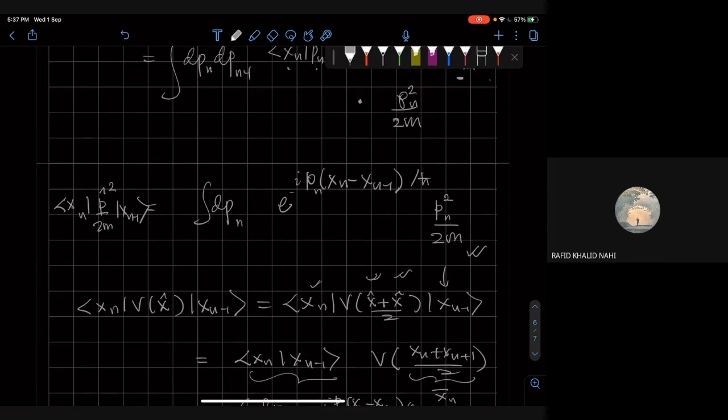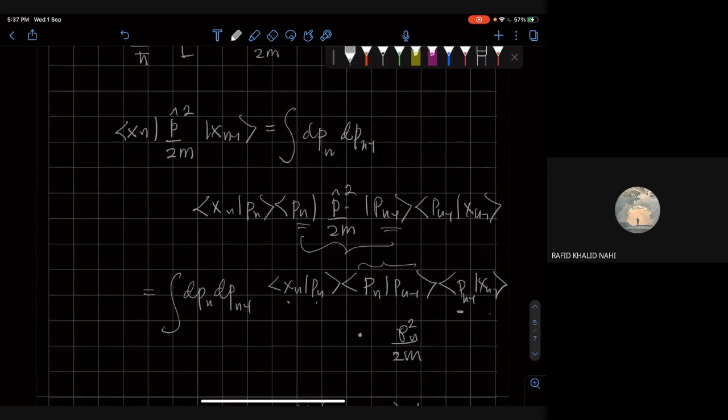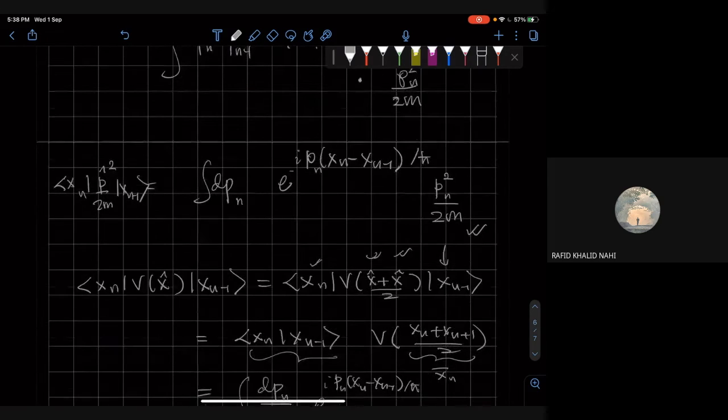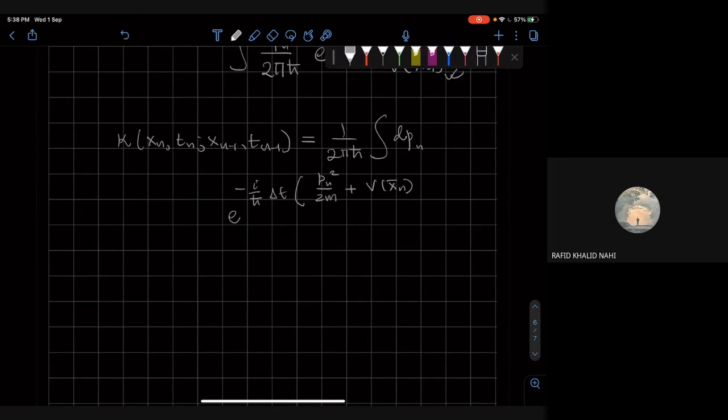And then we also have, from the first term, from this guy, since we are factoring out i h bar delta t, and that guy didn't have a delta t, we have to divide by delta t. So we are going to have minus pn times xn minus xn minus 1 divided by delta t.